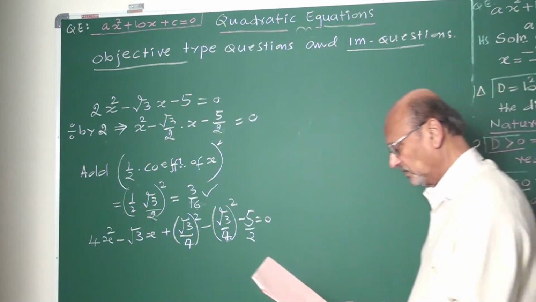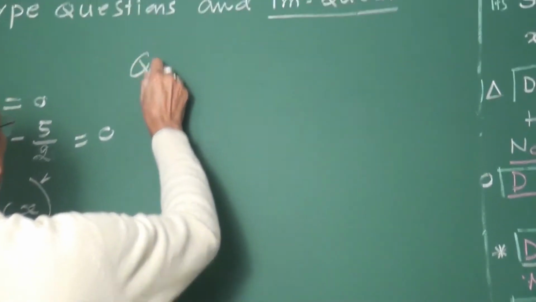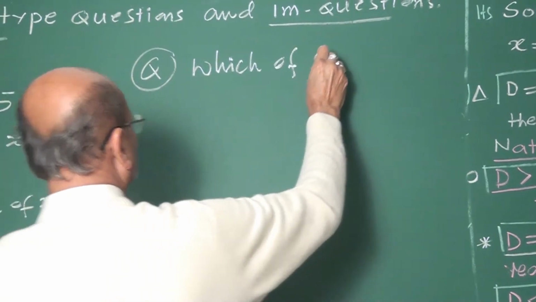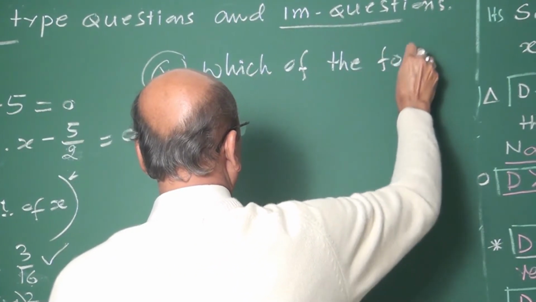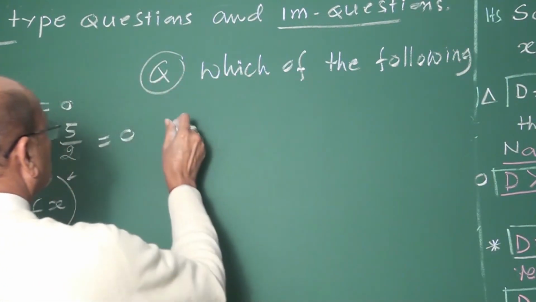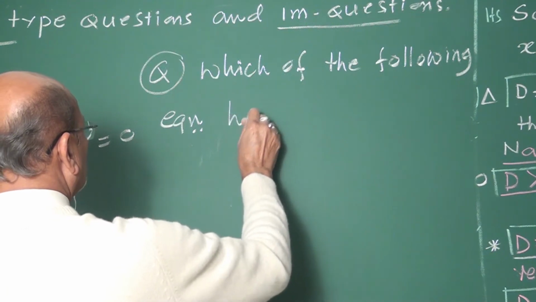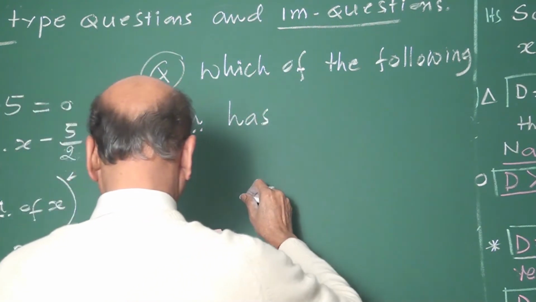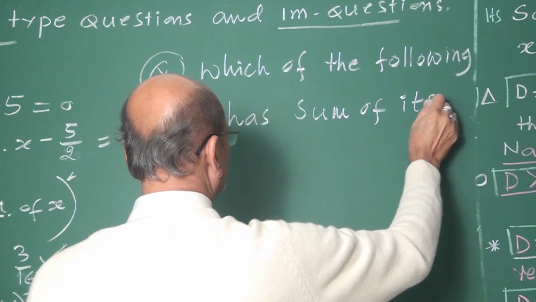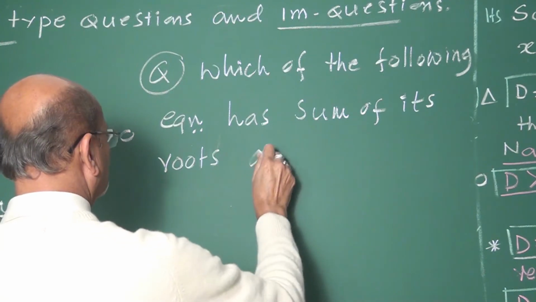Next question. Which of the following equations has some of its roots as 3? This is the 4th or 5th example.